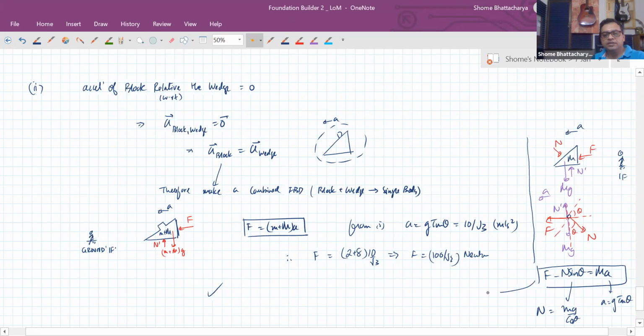Now doing that, we will get the same value of F. We'll get this same answer. So when we substitute these two here, this will give us the same result.